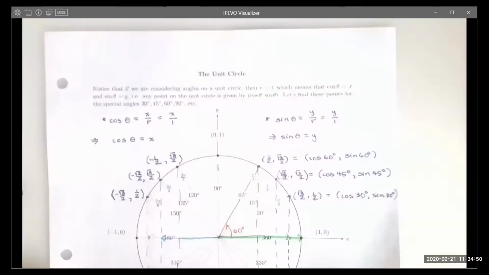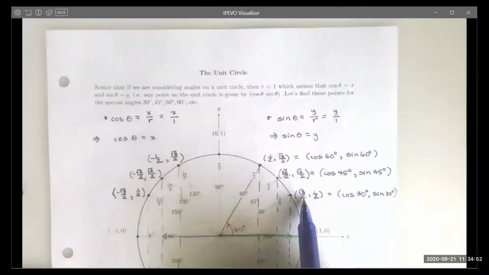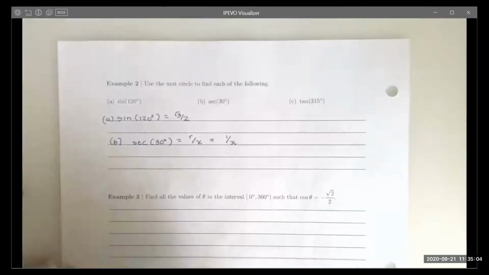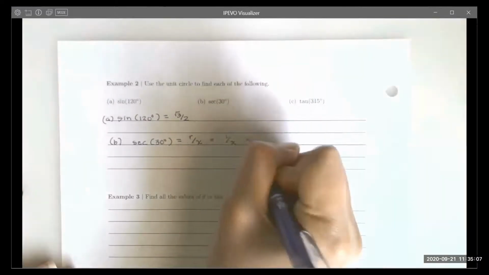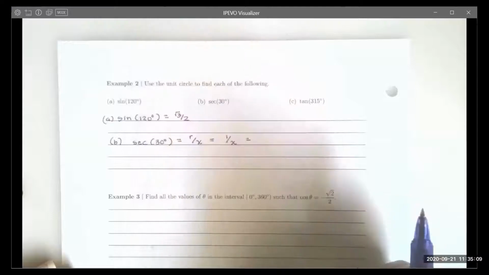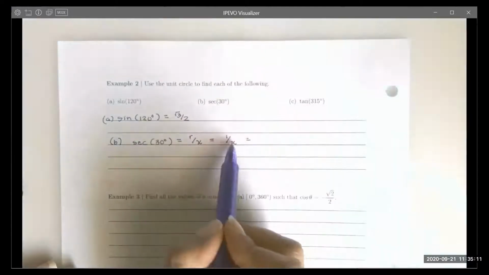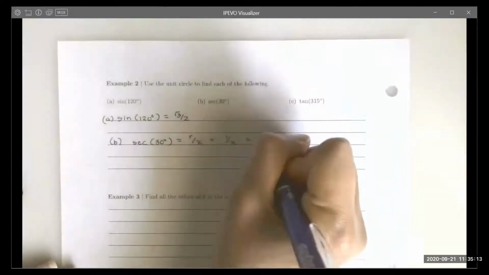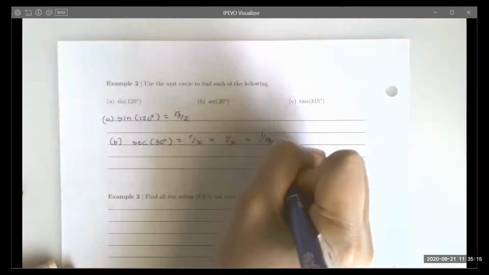So here's angle 30. Here is the x, square root of 3 over 2. This is for cosine, but secant is the reciprocal, so we're going to get 2 over square root of 3. You can either write it already as 2 over square root of 3 and then rationalize, or if you want to go through this process where you write 1 over square root of 3 over 2, you can.